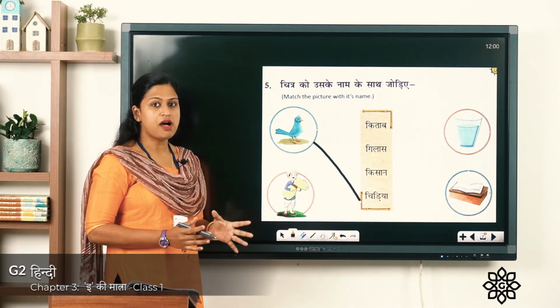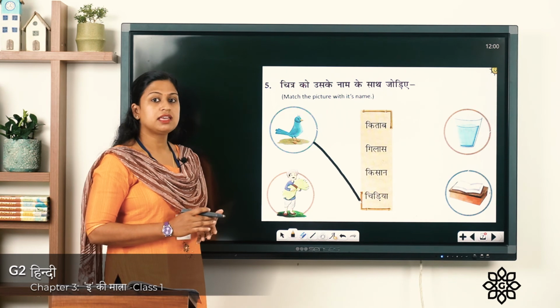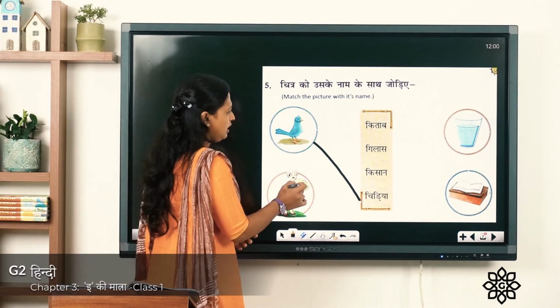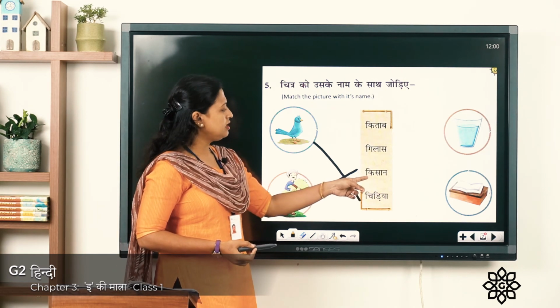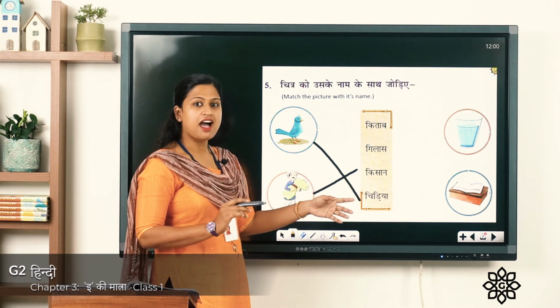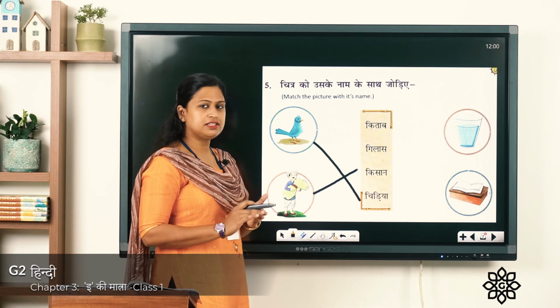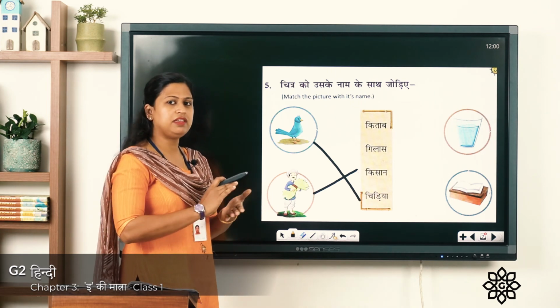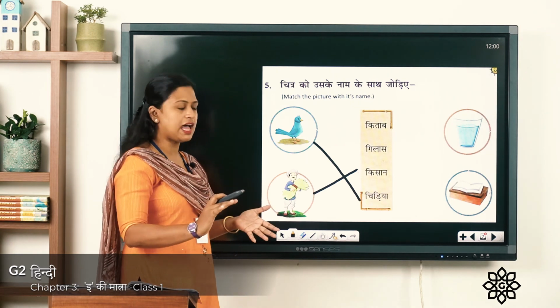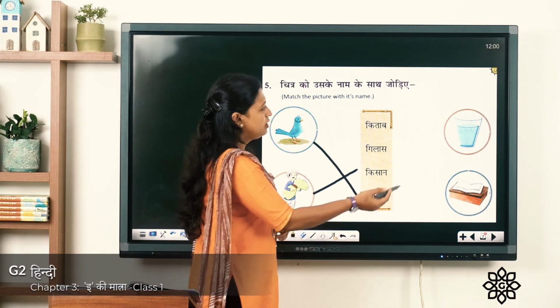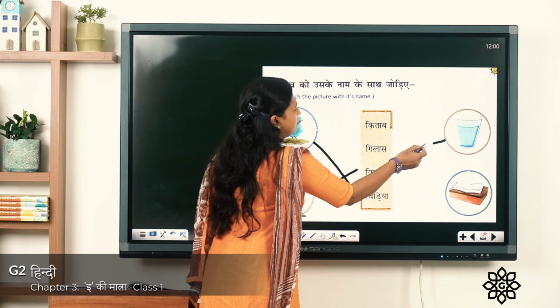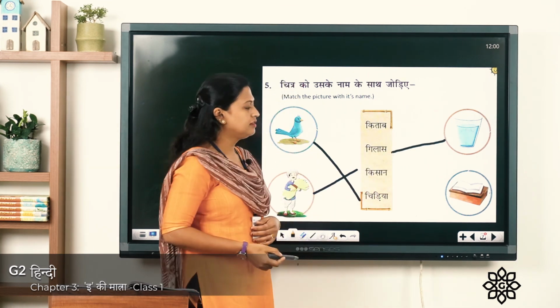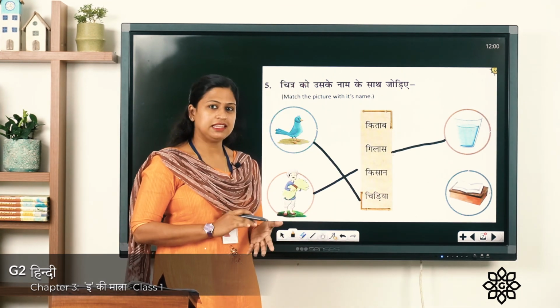Yes, it's farmer. And Hindi we say kisan. Ki-san. So, you can see here it's ki, sa. With sa consonant we have a symbol. So, it's a longer sound. Ki-san. Next picture, gilas. You have to match it like this. The fourth one is kitab.